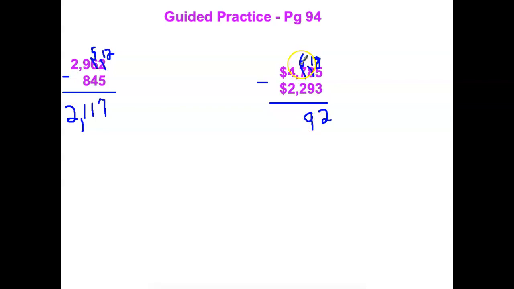Now up in my hundreds column, I have 6 hundreds minus 2 hundreds, which is 400. And then in my thousands, if I have 4 thousands minus 2,000, well, I have 2,000. Don't forget your comma. And we're talking about money. You have to make sure you put that dollar sign. So if you had done the problem and you said that the answer was $2,492, awesome.